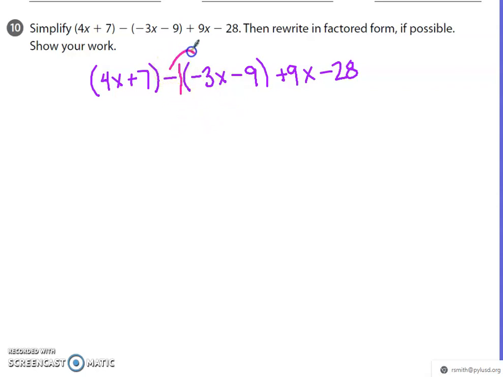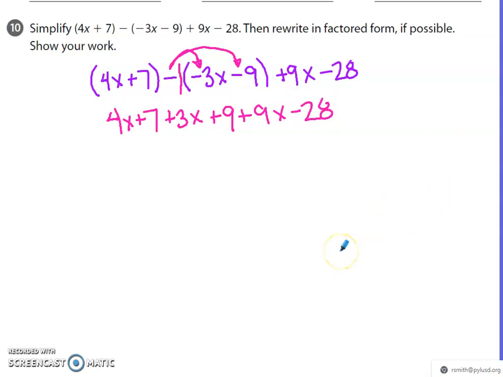Now I'll need to use the distributive property to get rid of all of my parentheses. So here we go. Negative 4x minus 7. Negative 1 times negative 3x is positive 3x. And negative 1 times negative 9 is positive 9. And the rest of the expression stays exactly the same.